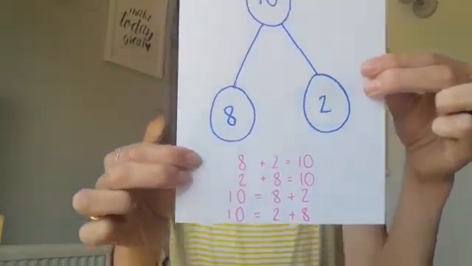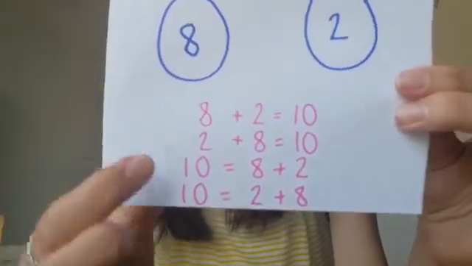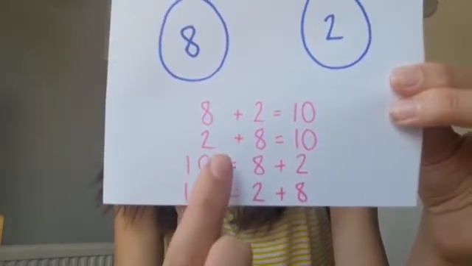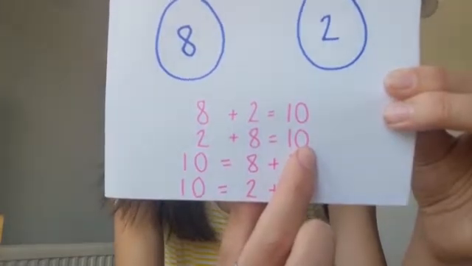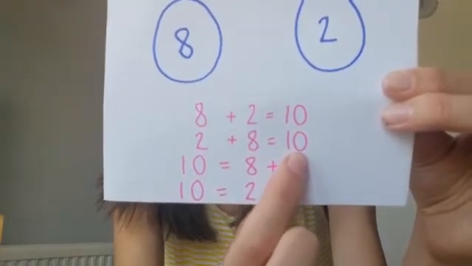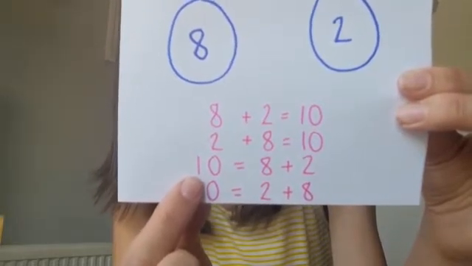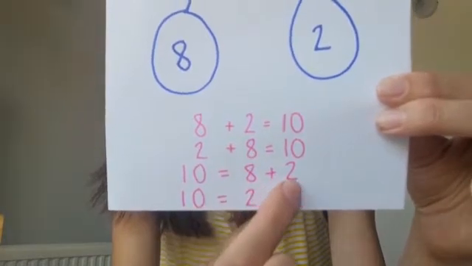And underneath here, I have written 4 different number sentences to show my thinking. So we can say 8 add 2 equals 10. 2 add 8 equals 10, because remember, it doesn't matter which way round we add the numbers, it still makes the same total. We can also start with the answer that it makes, 10, because 10 equals 8 add 2.